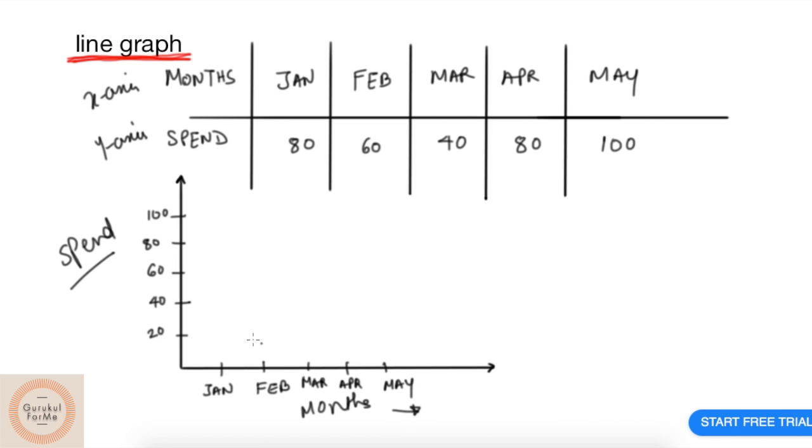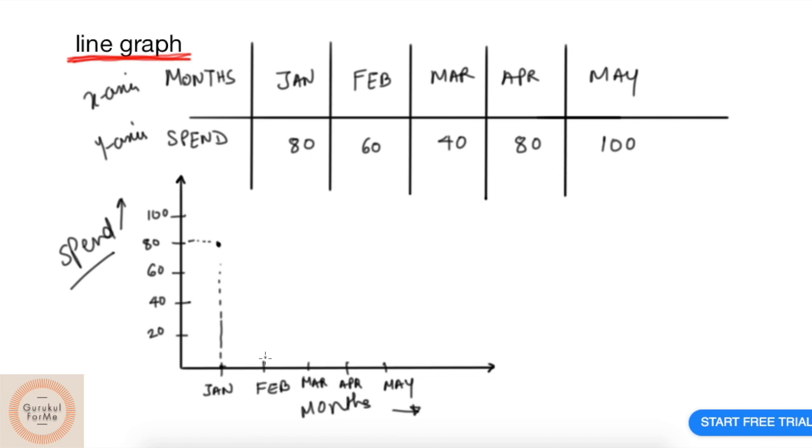It's just a hypothetical example. I am saying if you get 80 rupees in the month of January to spend on chocolates, then how do you plot it? You say, okay, in the month of January, the amount is 80 rupees. Okay, I spend 80 rupees.